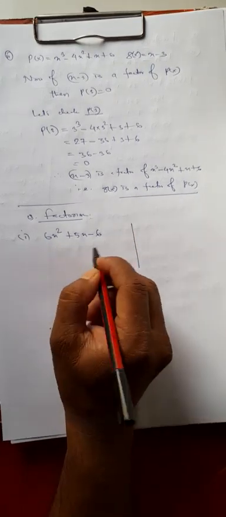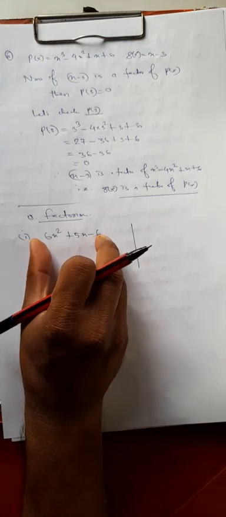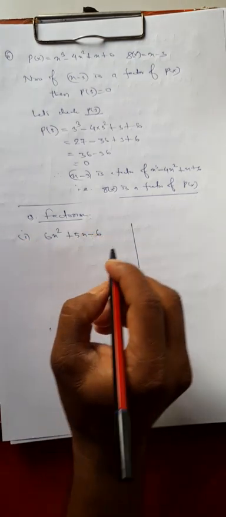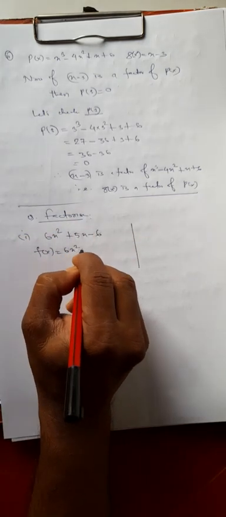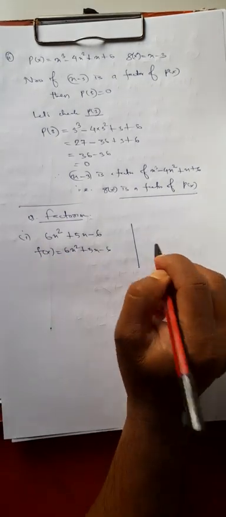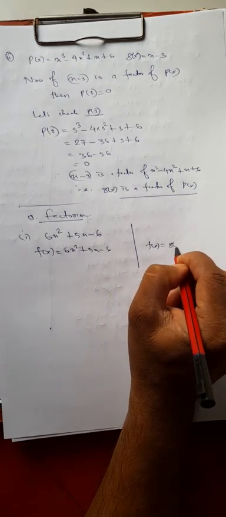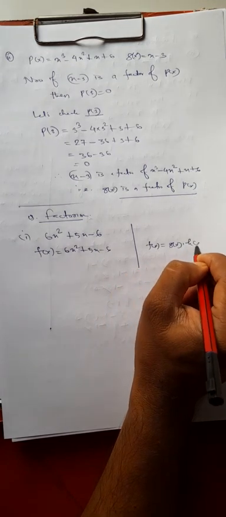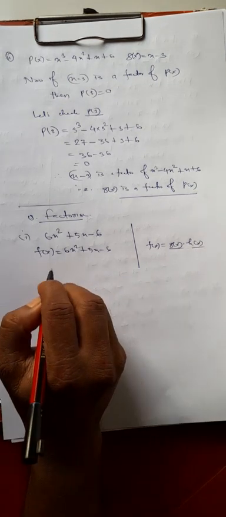Now how to factorize this polynomial? It means you express this as a product of two other polynomials. Suppose this is f(x) equal to 6x square plus 5x minus 6. Now you can express f(x) as a product of two polynomials, suppose g(x) into h(x). Now you have to find these two other polynomials.